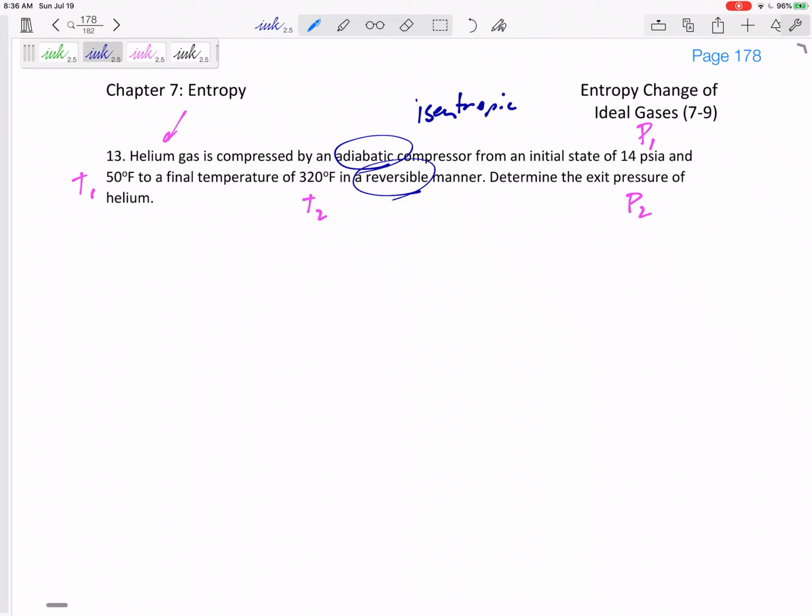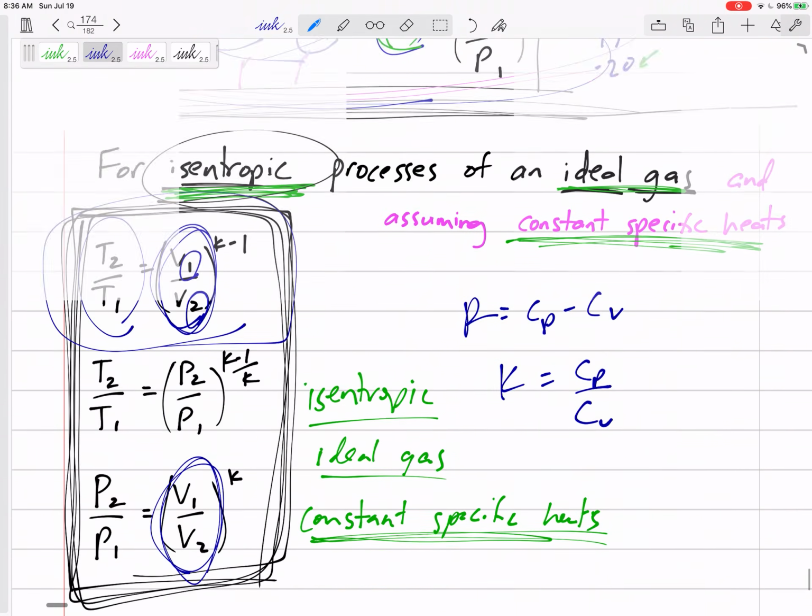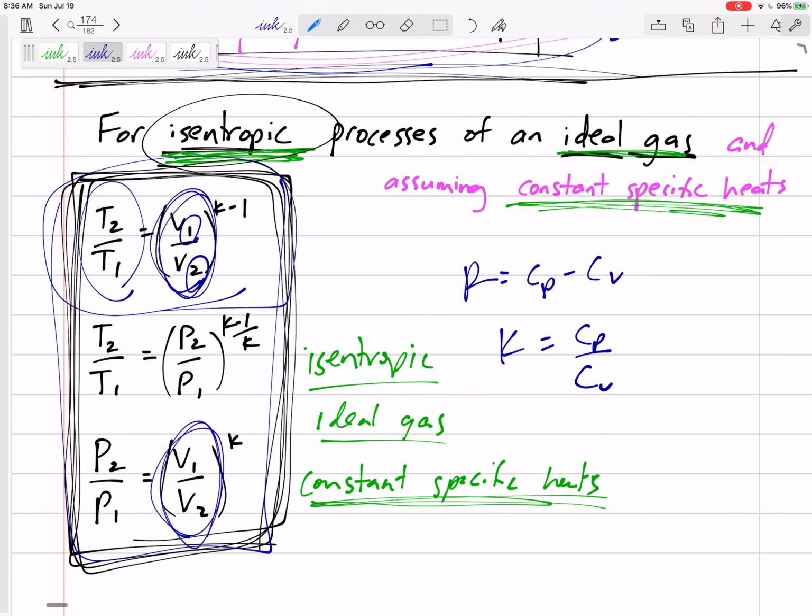For isentropic, we have 2 methods. We have the relative method, but I don't think helium actually has relative pressure and relative volumes in the helium property table. So the only method we have are these 3 equations right here for isentropic ideal gas. So we're going to have to assume constant specific heats. We know the initial pressure, and we know the initial temperature and the final temperature.